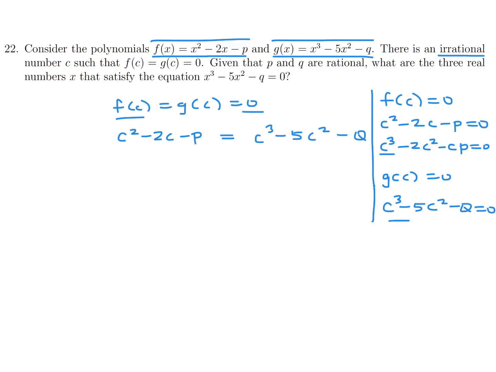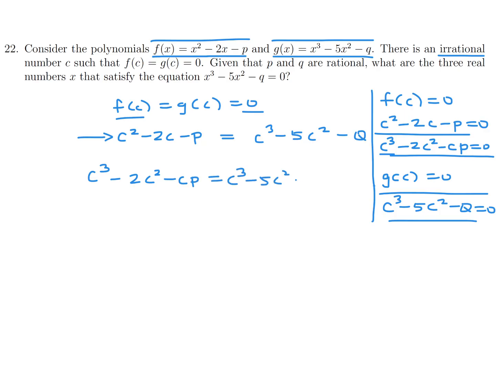And then since this is 0 and this is 0, let's set those equal to each other. That would be a little bit better than the other approach, because that one just doesn't help at all. So if I set these two to equal each other, that immediately I think will help. Let's just see what happens. Yeah, because the c to the power of 3's cancel out. And then if I put everything on one side, I'll get 3c squared minus cp plus q is equal to 0.